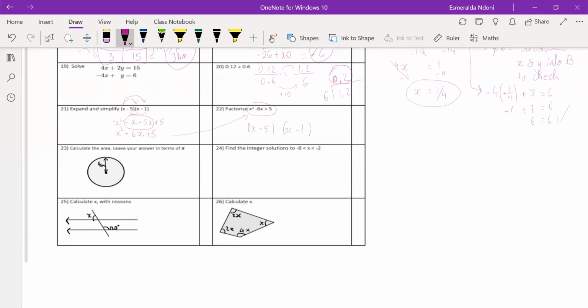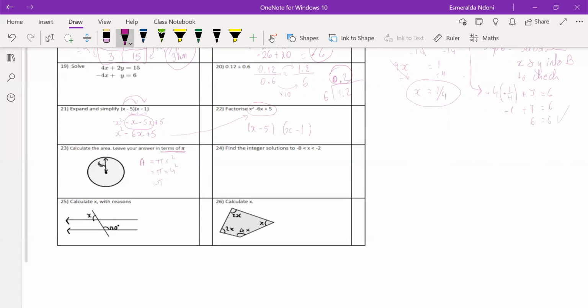Question 23. Calculate the area, leave the answer in terms of pi. What that means is do not substitute pi. So leave the pi as it is. So we have area equals pi radius squared. It doesn't want us to put the number of the pi. We just leave it. Times radius is 4, so 4 squared.